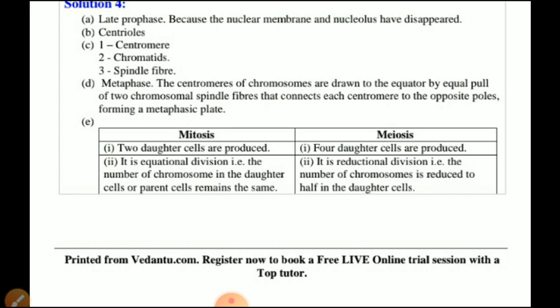Second point, it is an equational division, that is, the number of chromosomes in the daughter cells and parent cell remains the same, whereas in meiosis, 4 daughter cells are produced. Second point, it is a reductional division, that is, the number of chromosomes is reduced to half in the daughter cells.